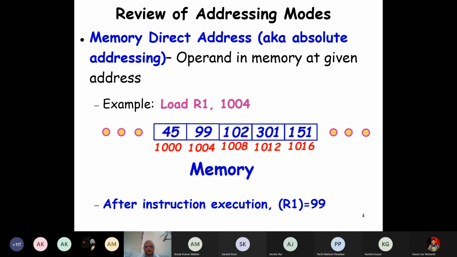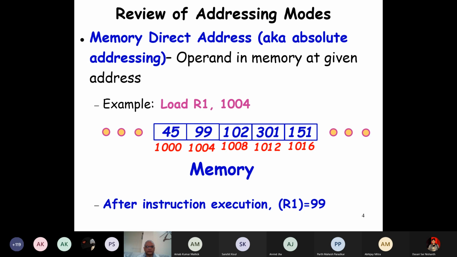Of course, there are computers which are word addressable. Maybe 4 bytes is a word, and then 1000 will be one word, 1001 will be one word, and so on. But this is a byte addressable computer. The byte number 1000 up to the byte number 1003, these are 4 bytes, and that stores an operand, maybe an integer, maybe a character, whatever.